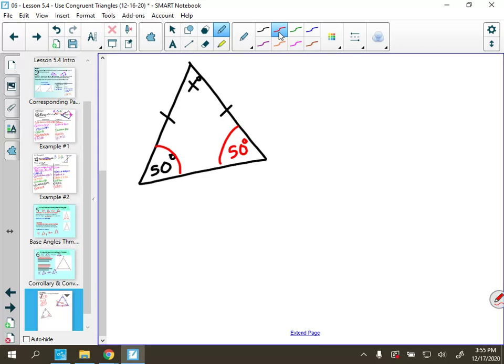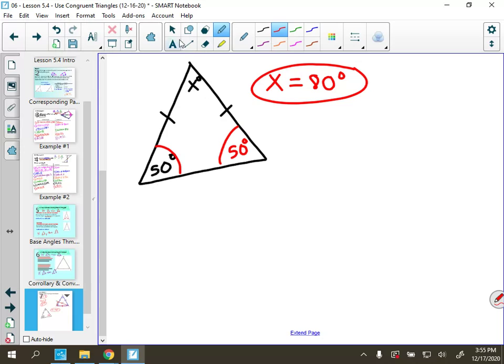And in a triangle, going back to our first lesson, we know that all three of these angles have to add up to 180. So 50 plus 50, oh, that's nice, is 100, meaning x would have to have a value of 80. It's not the most accurate picture, but I think it's good enough. x would have to equal 80. Why? Because all three angles have to add up to 180.